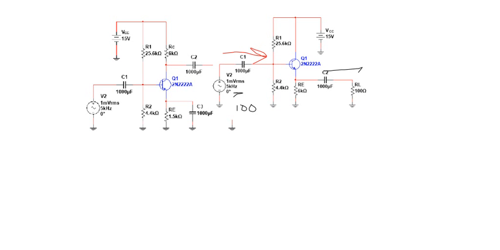So we'll call this Zin, the impedance looking into that amplifier, that emitter follower.